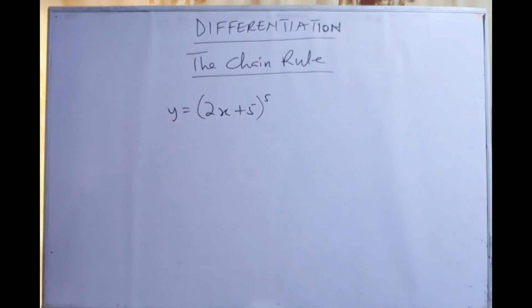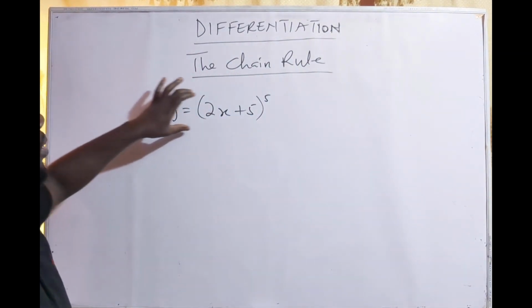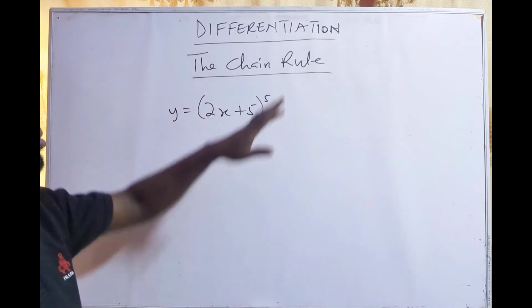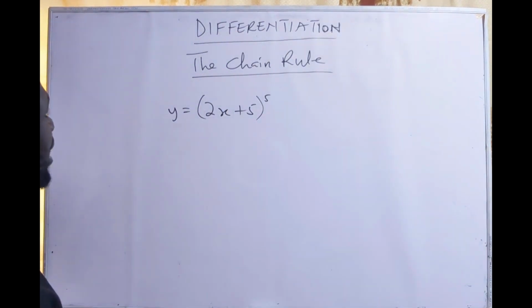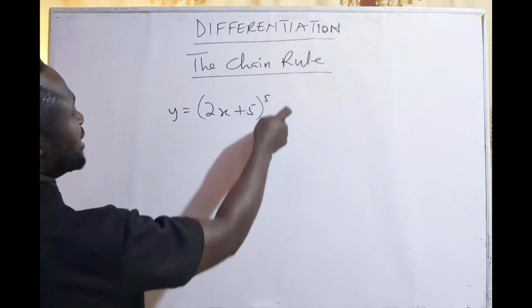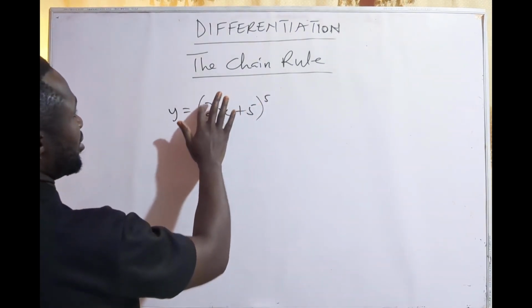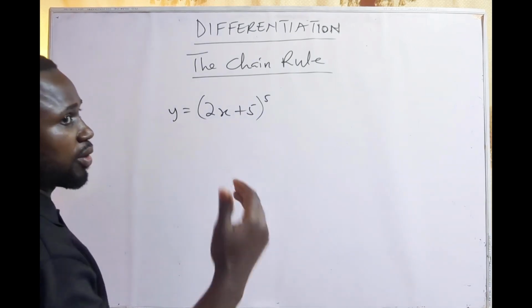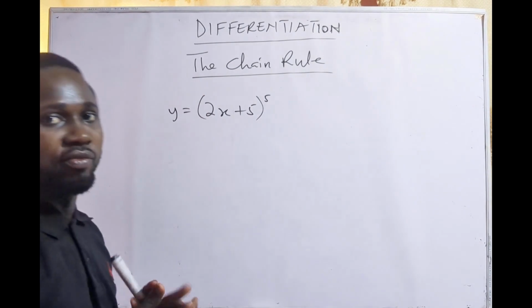So if this is my function, and I want to use the chain rule to differentiate it, what I'll do is differentiate the entire expression. I will let the binomial, or trinomial, whatever it is, be represented by a variable.